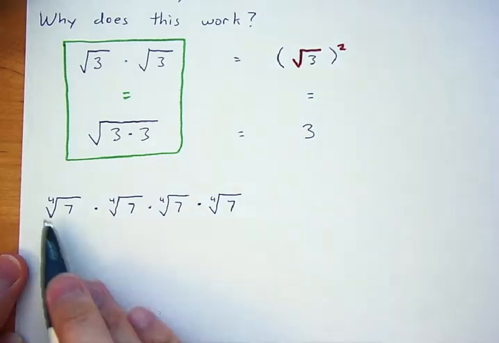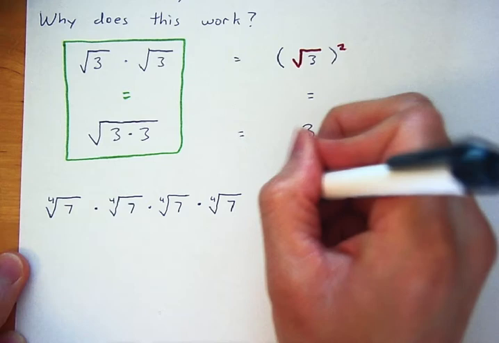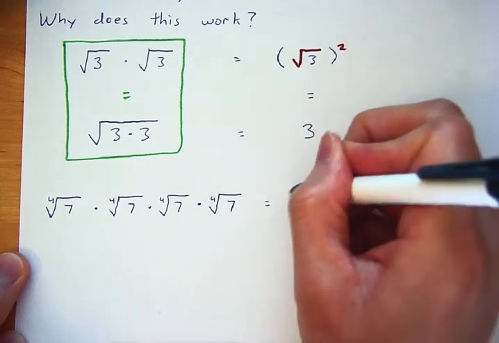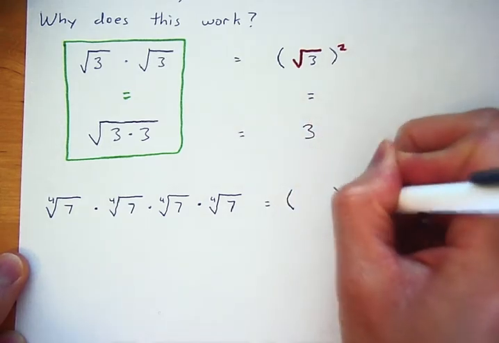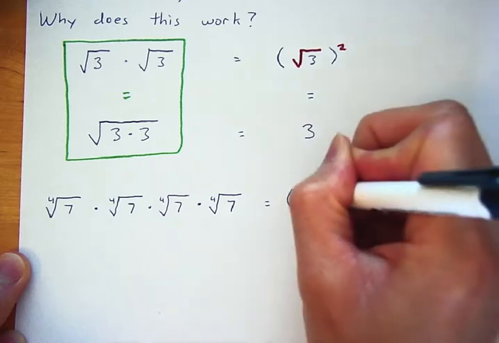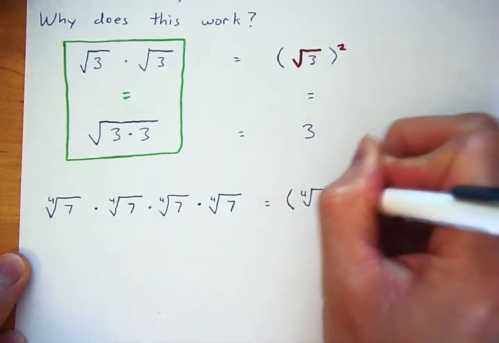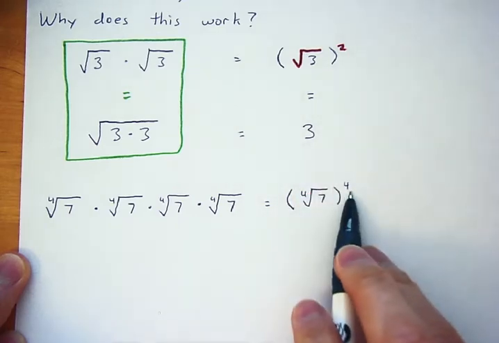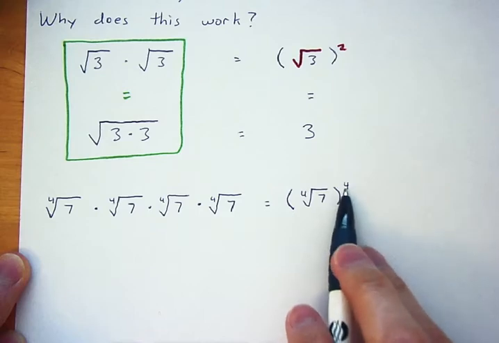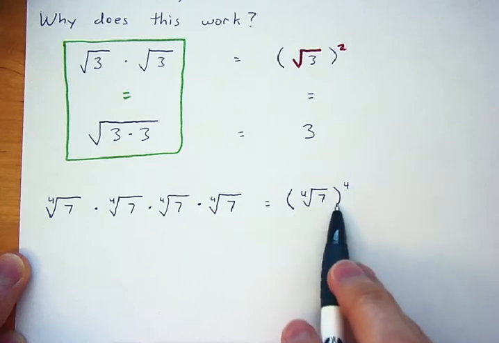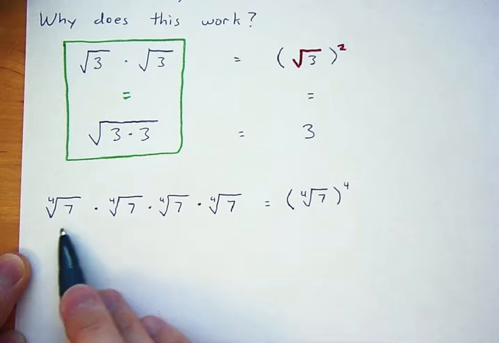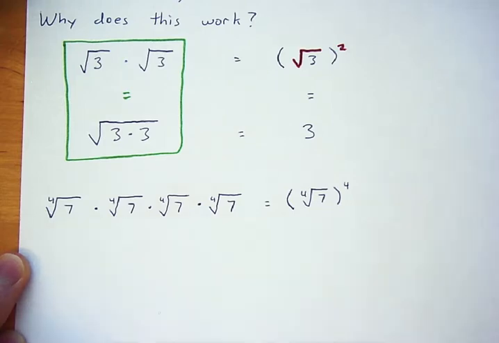Okay, and I know these 4 things multiplied together is equal to the fourth root of 7 to the fourth power. Once again, this 4 means the thing inside the parentheses is shown 4 times, all multiplied together.